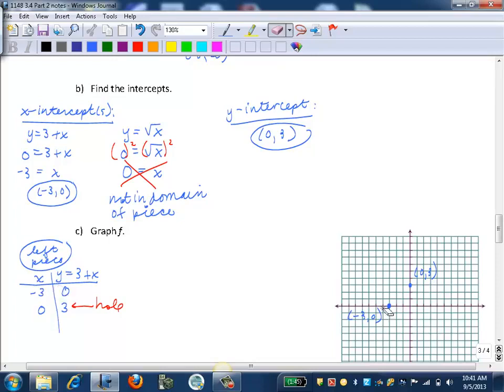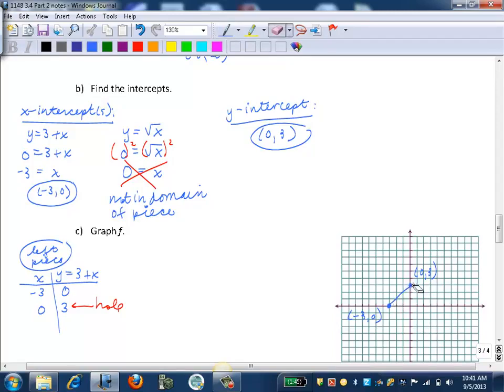We've got our -3, 0 as the left boundary of that piece, and then the right boundary is 0, 3. But now notice, we already plotted the intercept, 0, 3, from the middle piece. So if we were to plot 0, 3 here with an open circle, this 0, 3 from the middle piece actually fills it in. So we can just connect these and make a line for that left piece.